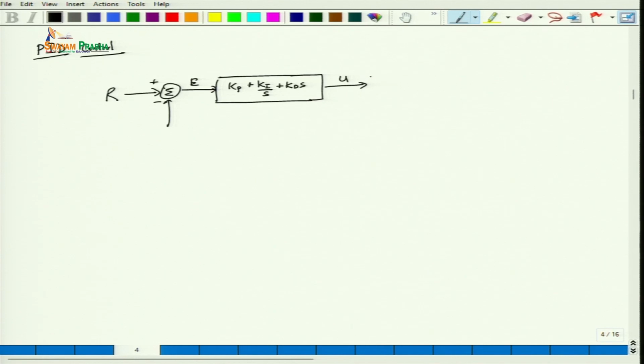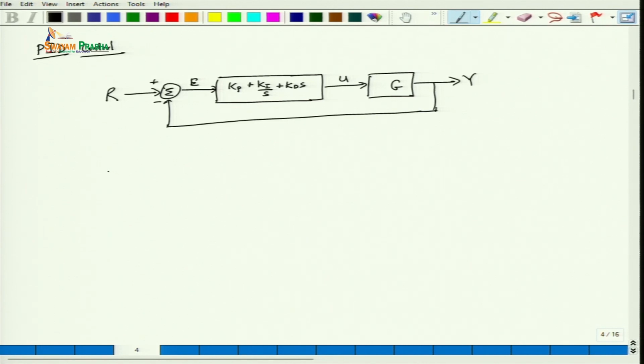This generates U, which is sent to our plant, and this is the output Y, which is fed back to get the error.